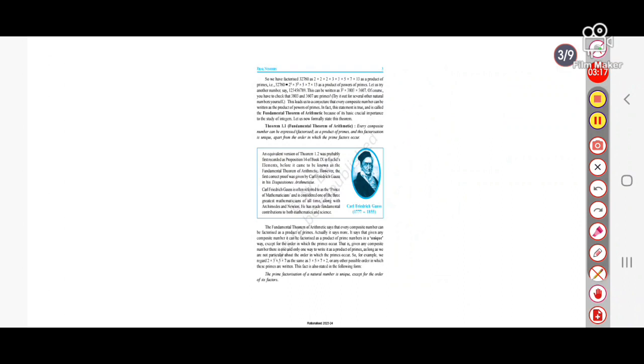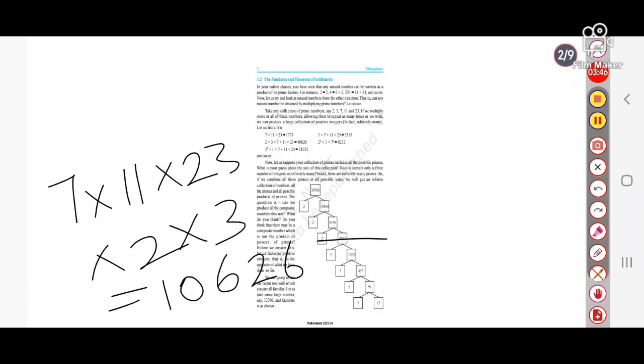This theorem says that a given composite number can be factorized as a product of prime numbers in a unique way. For example, the composite number we arrived at last was 1771. By factorizing 1771 we get the prime numbers 7, 11, 23.